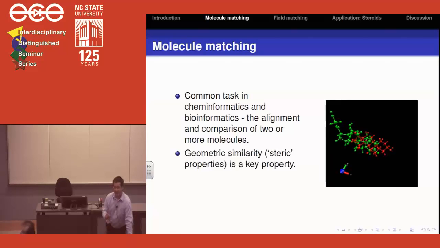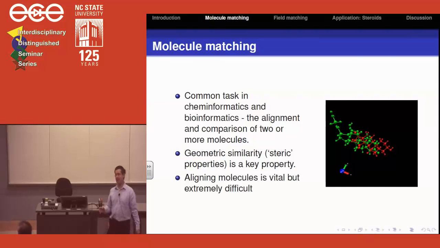So geometric similarity is key. It's not the only property. Often the charge on the surface of the molecule is important, and the actual types of atoms are important, obviously. But geometric similarity is also very important. But this task of comparing molecules is actually very difficult. A lot of people want to be able to do this and are indeed doing it. You can imagine that the pharmaceutical industry would be very interested in this.